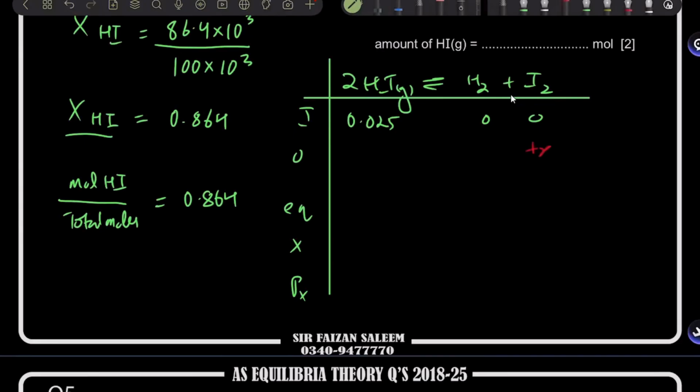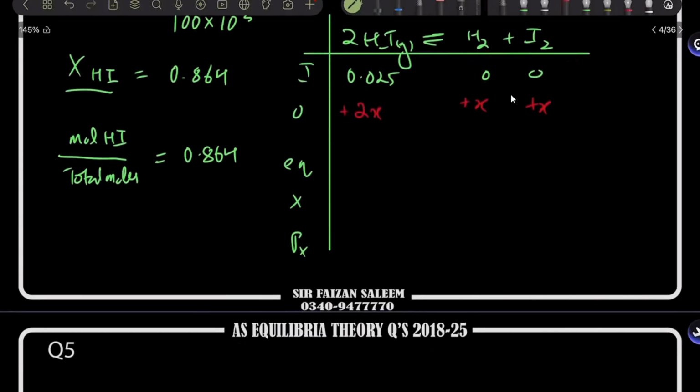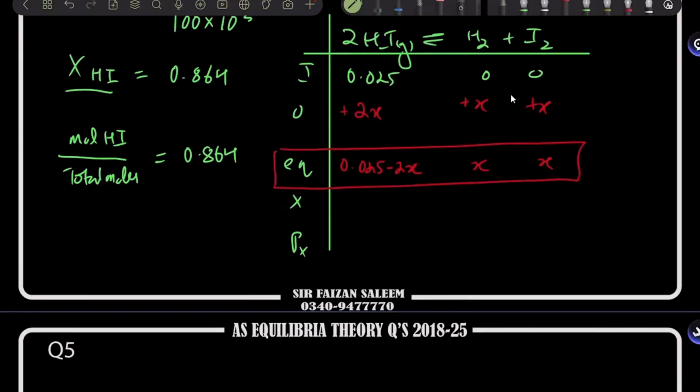If x were formed over here, how many were used for HI? 2x. So at equilibrium, how many moles will be left for HI? 0.025 minus 2x. For H2, that would be x, and for I2, that would be x. So now I have the equilibrium moles.